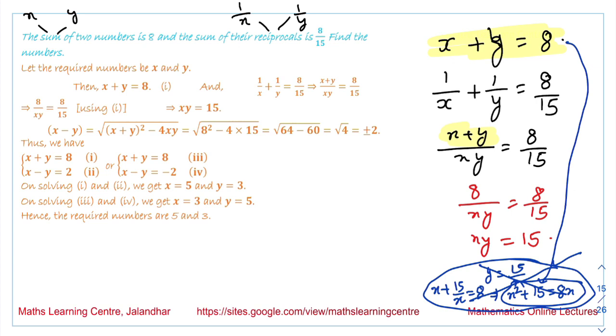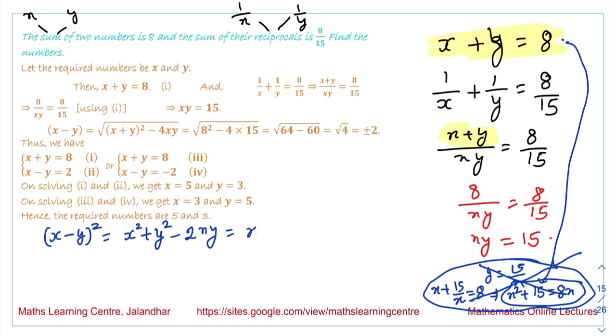So in place of this, we are going to use this equation over here: if we write x minus y whole square, then its answer is x square plus y square minus 2xy.